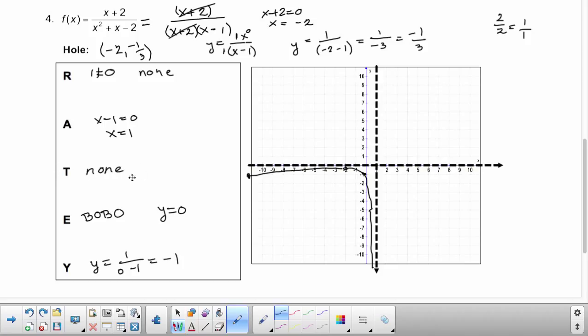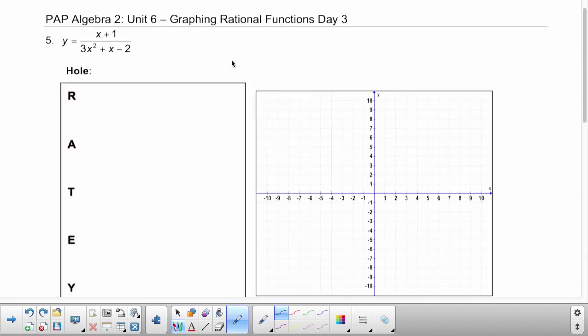Togetherness is the one that's really going to help us because since this graph is going down on this side of the asymptote and we don't have togetherness, we need to be going in the opposite direction on the other side of the asymptote. And there I also hug my asymptotes.